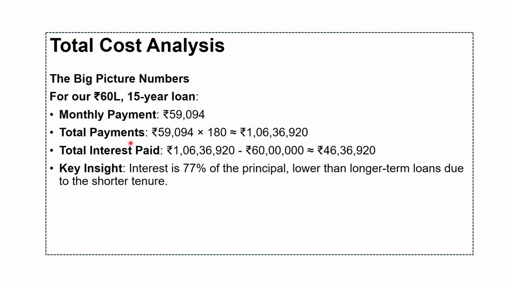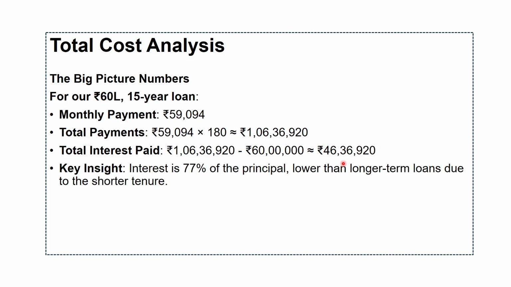Total payment is 59,094 into 180. After we subtract the loan amount, the principal, from this total, we get around 46 lakhs as the total interest we are paying.